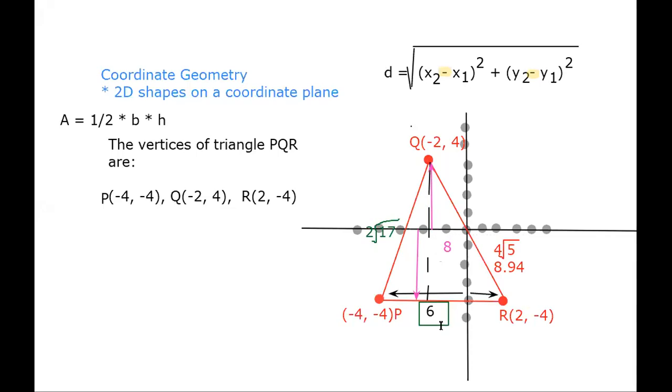Easy now, the base is 6, the height is 8, so it's 1/2 times 8 times 6. Set in your calculator, the area of this triangle is 24. Not too shabby.